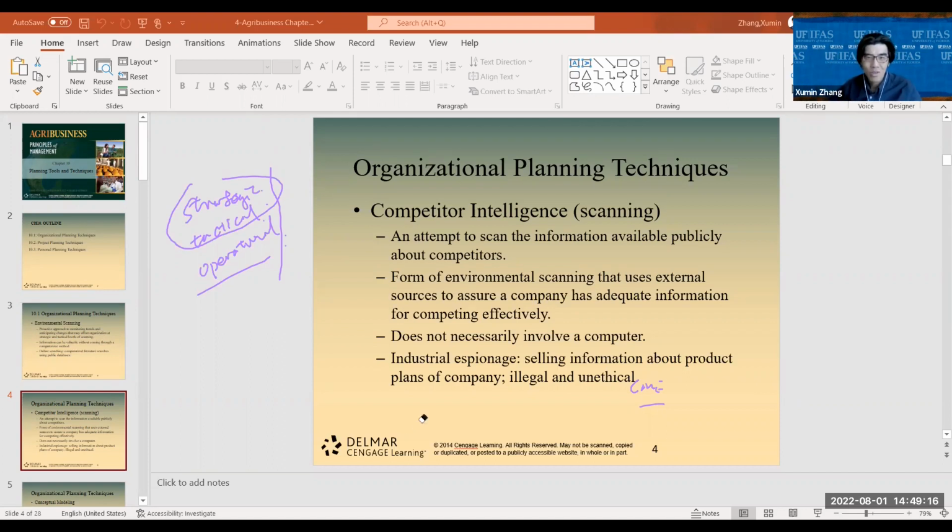Industrial espionage, how you can get this inside information. You can visit your competitor. You can have some friends. You can ask some questions, right? Actually, I was in the grocery industry, so I have many friends who joined the companies. Sometimes we get together and try to share the latest strategy or the latest tactics.